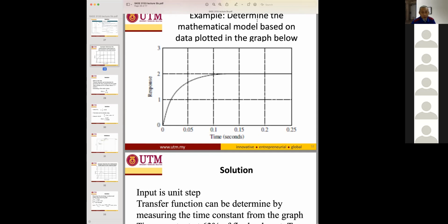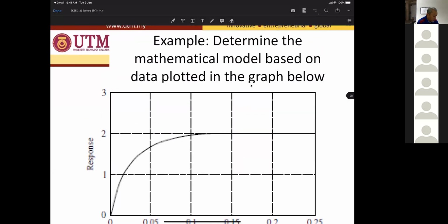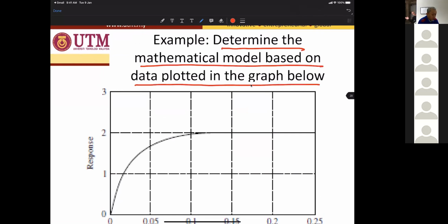I go straight to the slides, slide number 52. Okay. Can you see? So you are given the data. You are given data as plotted in the graph shown below. You have to determine the mathematical model based on the data plotted in the graph.